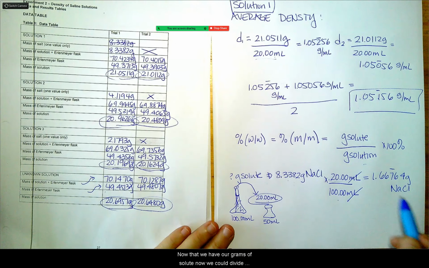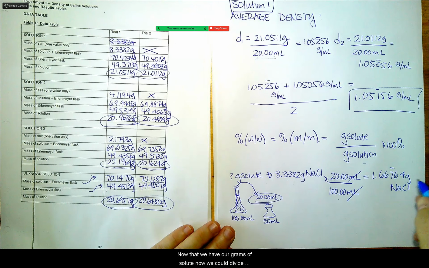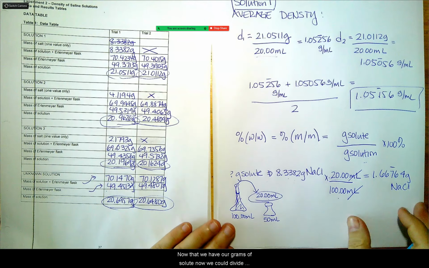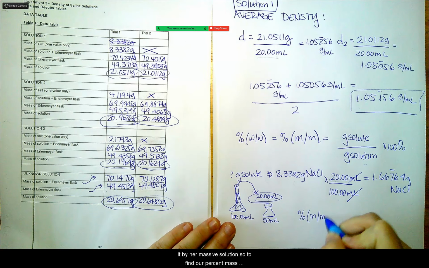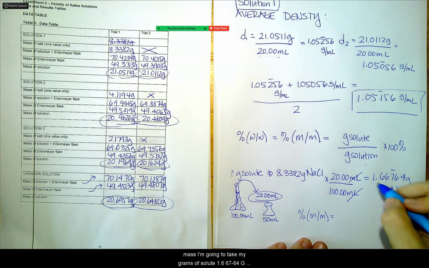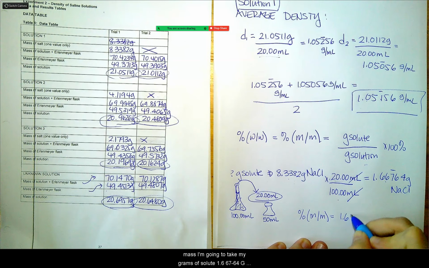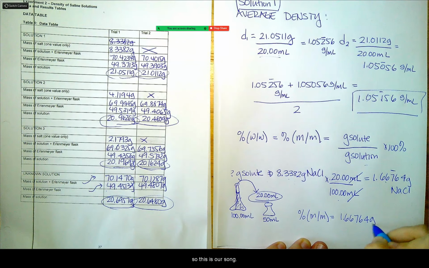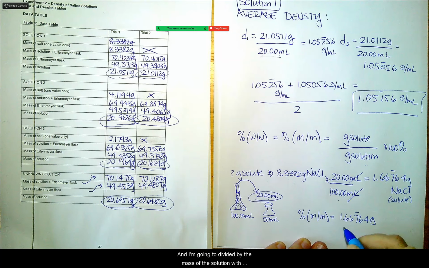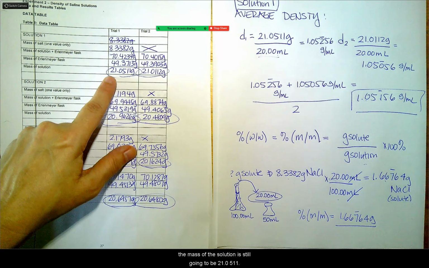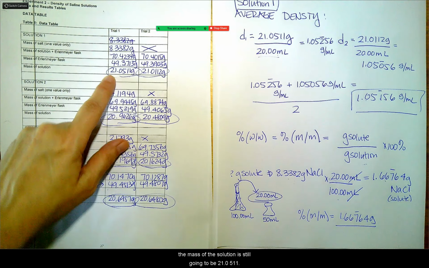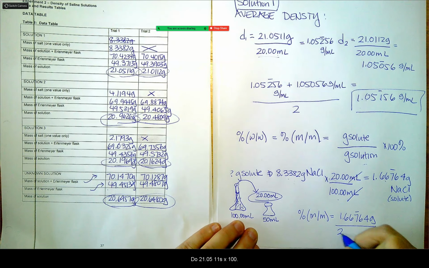Now that we have our grams of solute, we can divide it by our mass of solution. So to find our percent mass, I'm going to take my grams of solute, 1.66764 grams. So this is our solute. And I'm going to divide it by the mass of the solution. Well, the mass of the solution is still going to be 21.0511 grams. That hasn't changed.